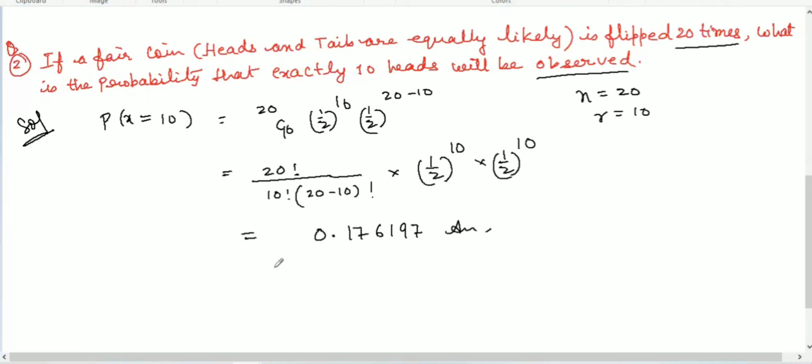If you want, you can write the probability in fraction form, or if you want the probability in percent form, you have to multiply this decimal number by 100, and if you multiply it by 100 you will get 17.62% as the answer.